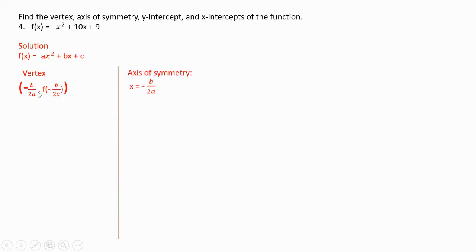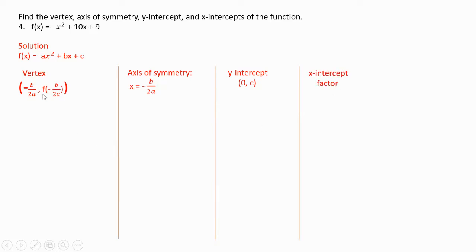This is the axis of symmetry. Once I find the vertex, the x part of the vertex is the axis of symmetry, but it has to be x equals negative b over 2a. For the y-intercept, it's going to be 0, c, and the c is always the constant that doesn't have a letter, also called a variable. And for the x-intercepts, we've got to factor.